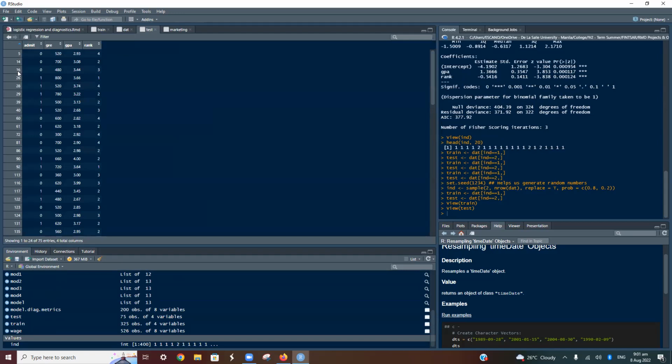Okay, class, take a look at the test data set, no? Ang laman lang si 5, 14, 16, di ba, yung mga row numbers na to? 75 na lang siya. So what happened? Ito yung in-split natin using the sample function.